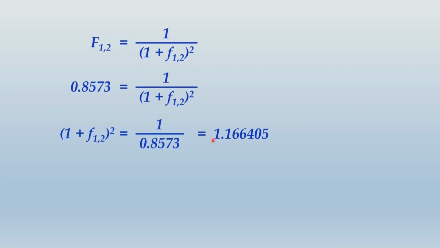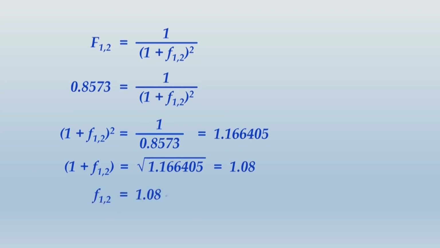So 1 plus f1, 2 whole raised to 2 is 1.166405. So when you take the square root of 1.166405, you will be getting the value of f1, 2. So 1 plus f1, 2 is 1.08. So f1, 2 will be 0.08 or 8%. Now this we have obtained over here, but we initiated the whole example through this rate. Let us move ahead and continue further.